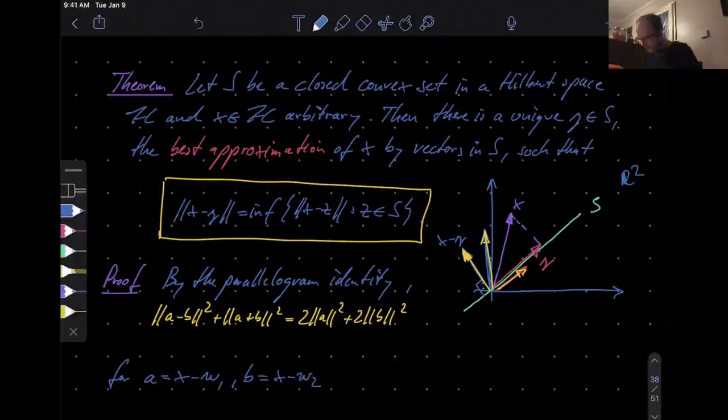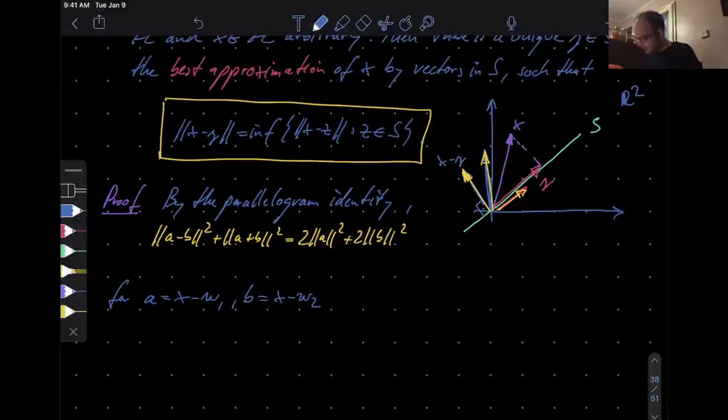So let's take X, that's that arbitrary vector in the Hilbert space, and some quantities W. Then if you stick it into that parallelogram identity and you simplify a little bit, you pull out factors, that's easy to understand why it spits out what I'm about to write down.